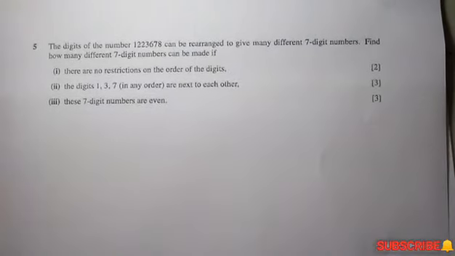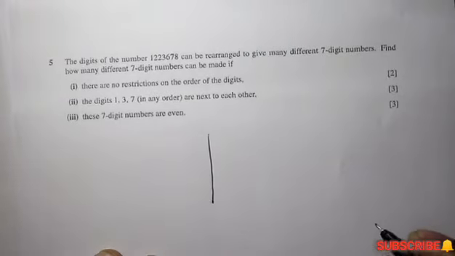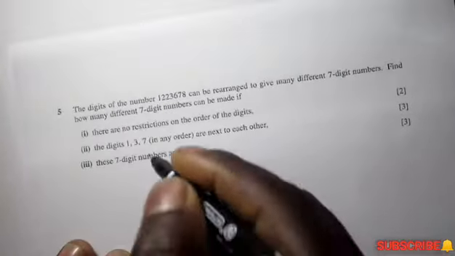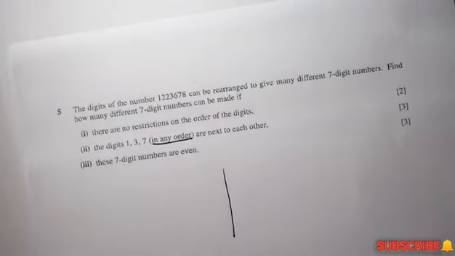Right, so we are now moving on to part 2 of the question. It reads, the digits 1, 3, 7 in any order are next to each other. Right, so what you need to do here is you place your demarcation like this. And this instruction written inside the bracket, in any order, is very, very important.